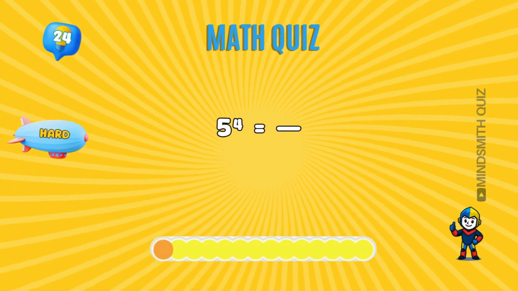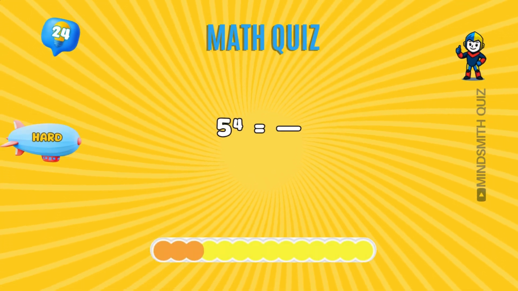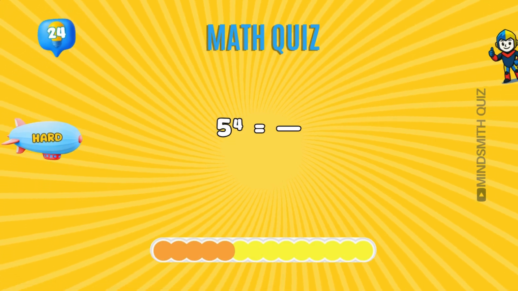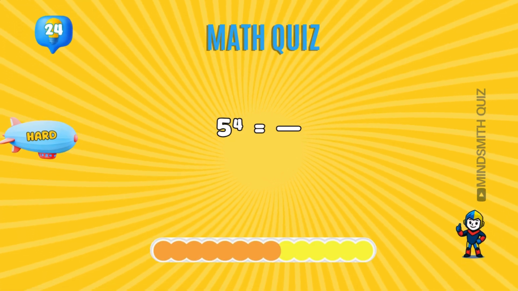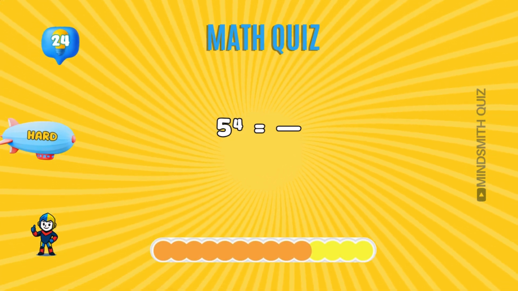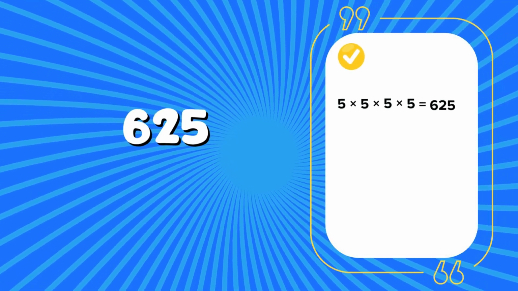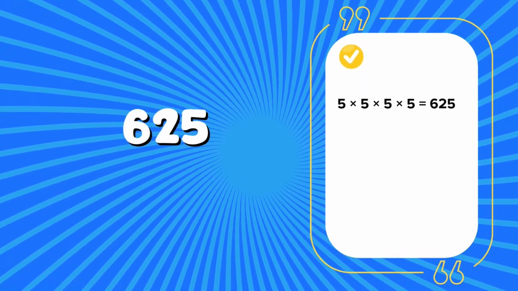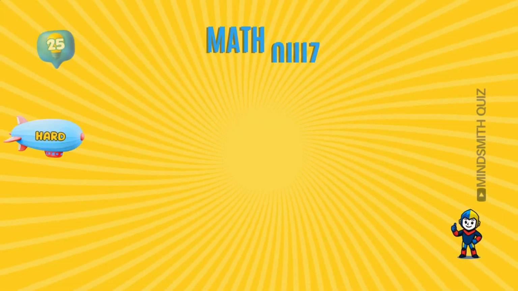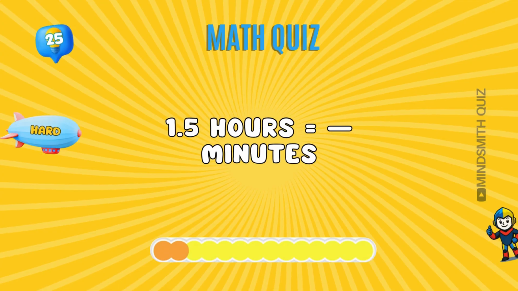5 to the power of 4 equals. 625. 1.5 hours equals how many minutes?